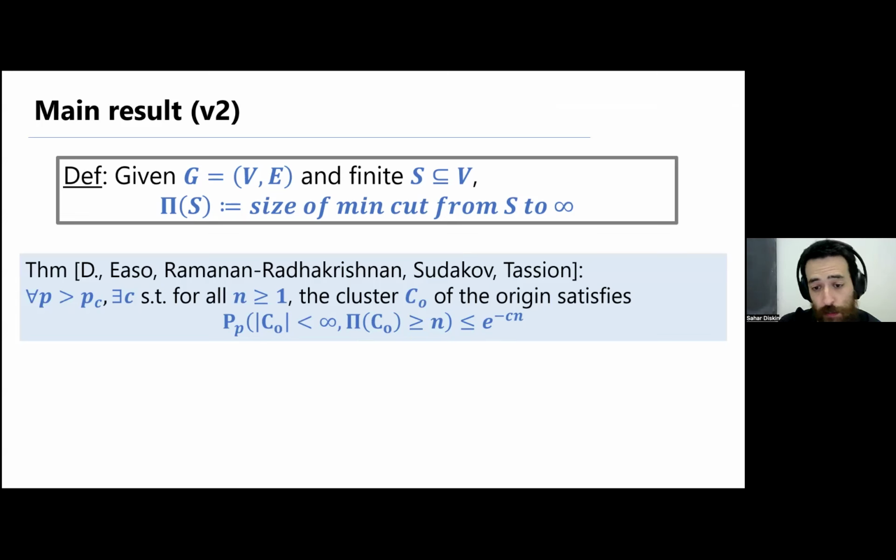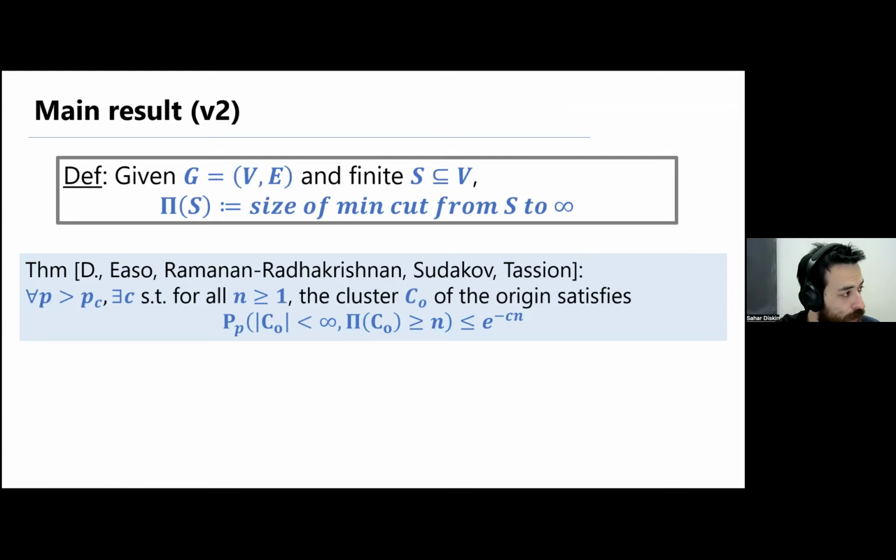And this implies naturally the previous one because pi is at least phi of the cluster, it's at least phi of n. In particular, it implies the same thing. So this is actually the result we will show.